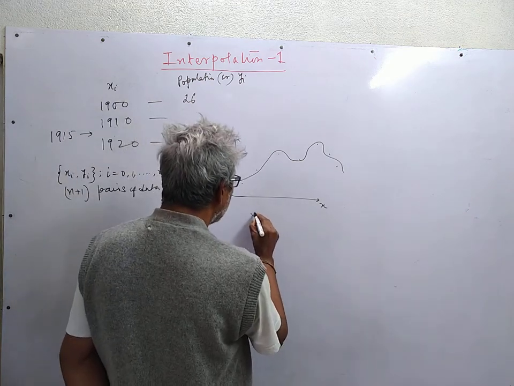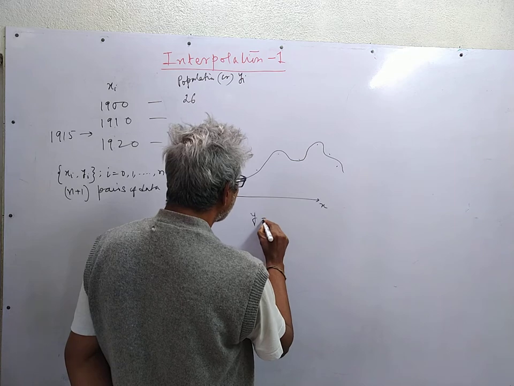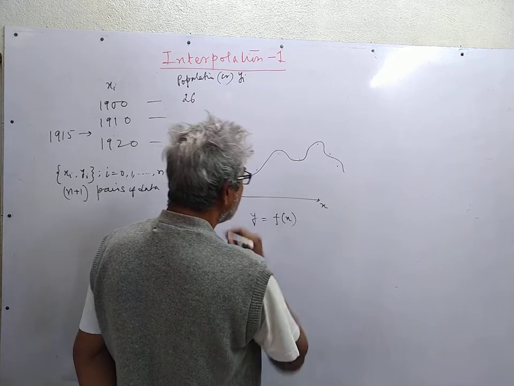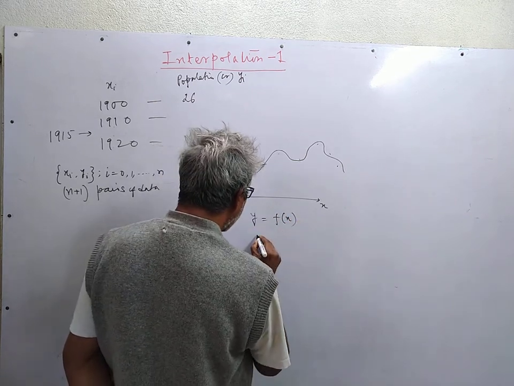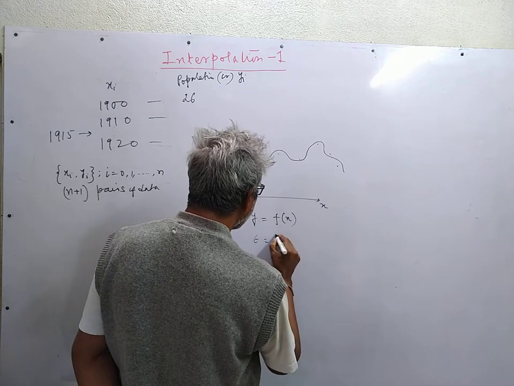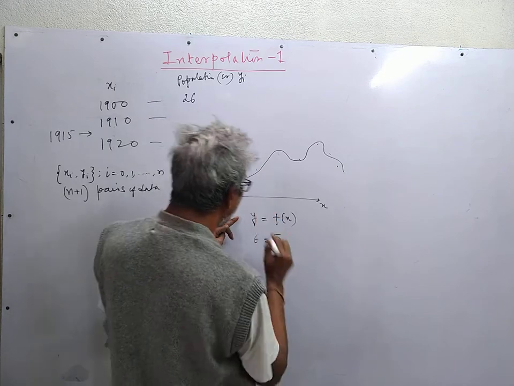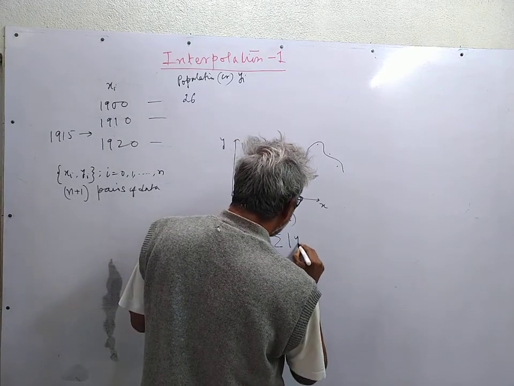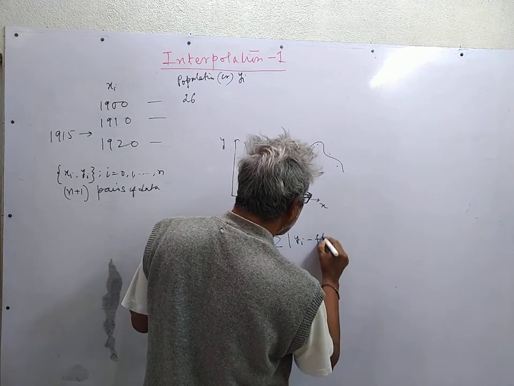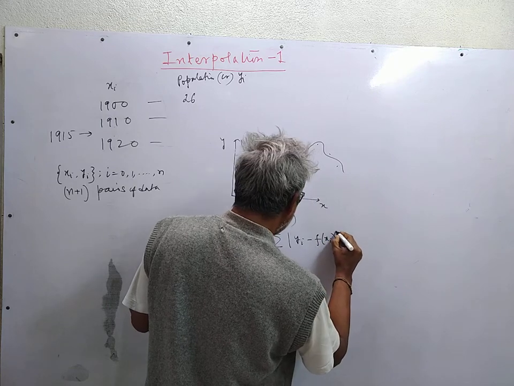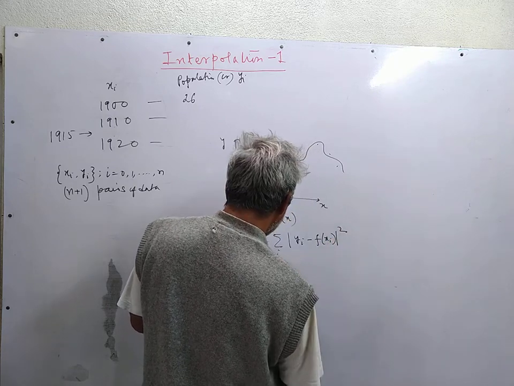So one gets y as a function of x, so that the sum square error, where yi is the actual value of y, yi minus f of xi modulus square, is a minimum.